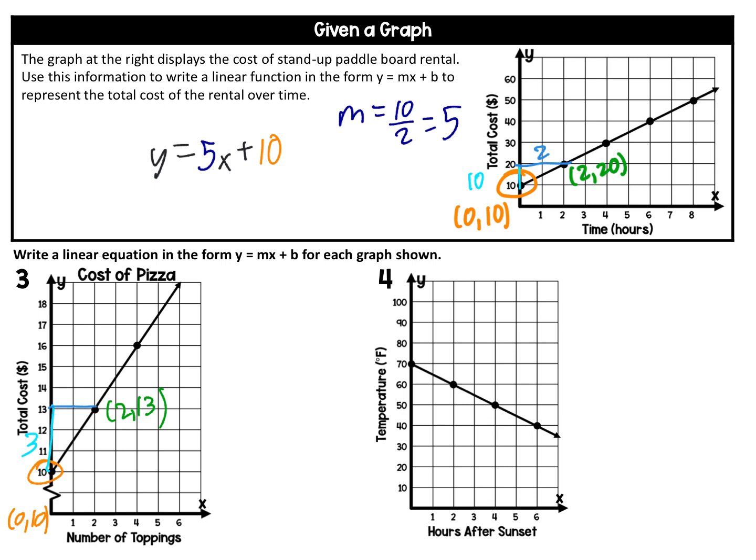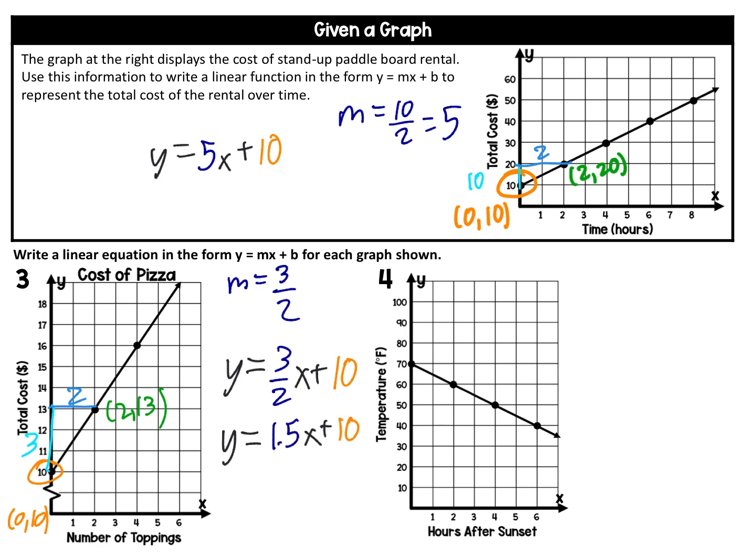Notice how we rise 3 and run 2. So our slope is 3 over 2. This gets plugged in for m, and now we have y equals 3/2 x plus 10. This is the same thing as y equals 1.5x plus 10. In this case, 1.5 makes more sense because we're talking about $1.50 per topping.